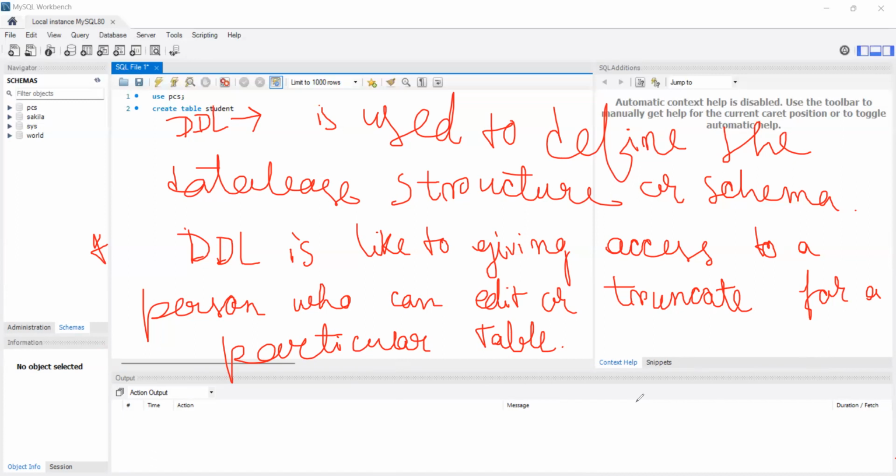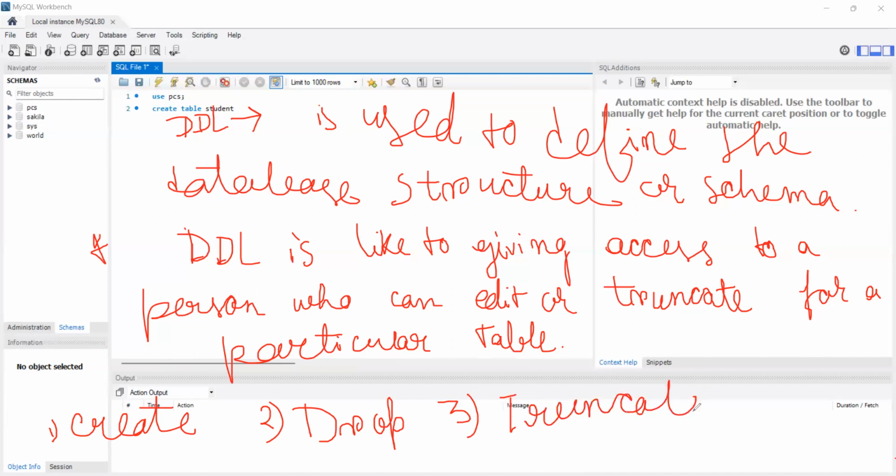Now tell me, what are the examples of DDL? Create, then drop, then truncate, and alter.